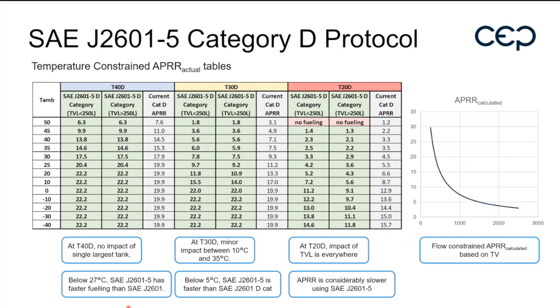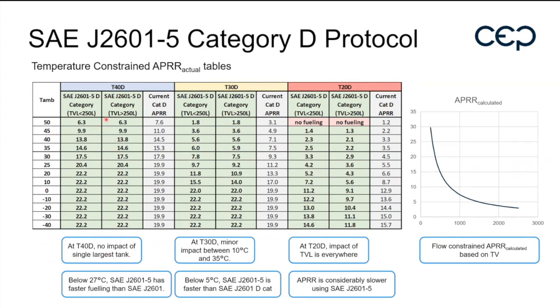Now, when I compare all these tables, so we have tables depending on temperature rating, T40, T30, T20, and we have tables depending on TVL, single tank size. And I compare them with the current APRRs. I come to all these tables here, depending on ambient temperature.